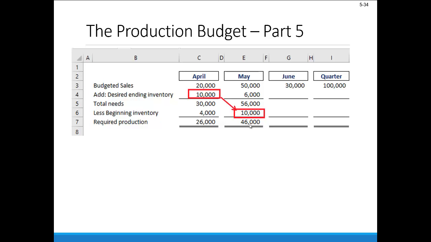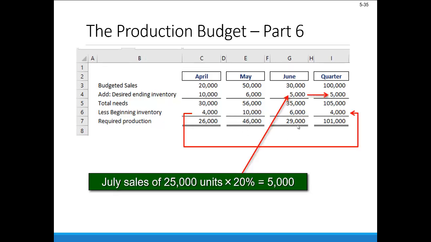And there's our required production, 56 minus 10, or 46,000. And then same thing for June. 30,000 in expected sales, plus 20% of the following month, that's July's expected sales, 5,000 there. Added together gives us 35,000 for total needs, minus our beginning inventory, which was the ending inventory from May pulled forward of 6,000. And there's our production of 29,000 units.